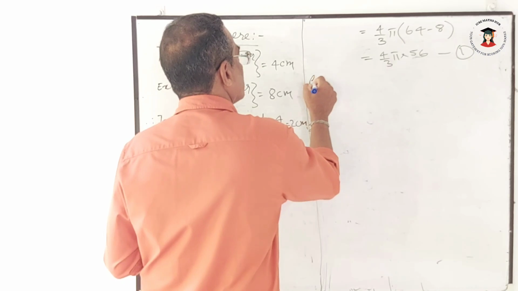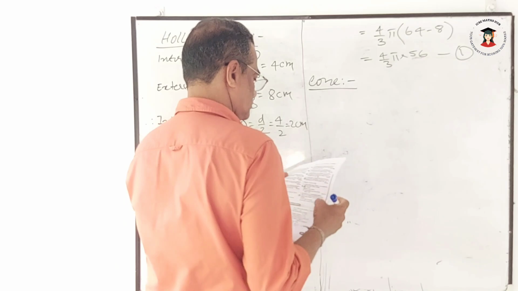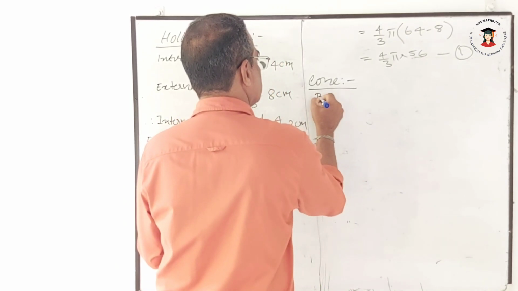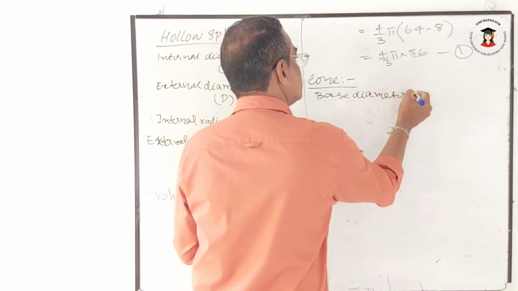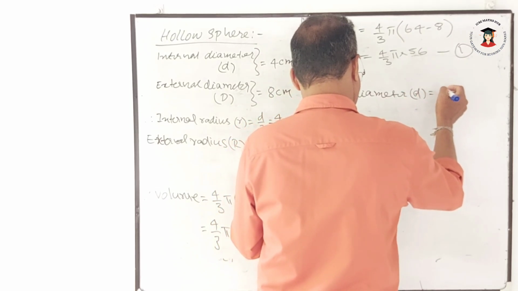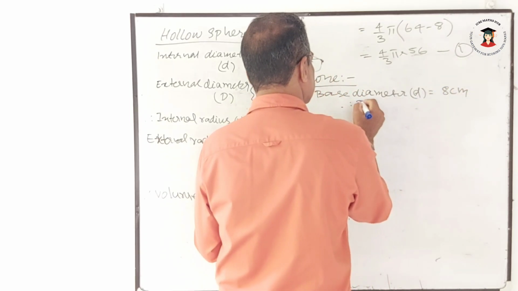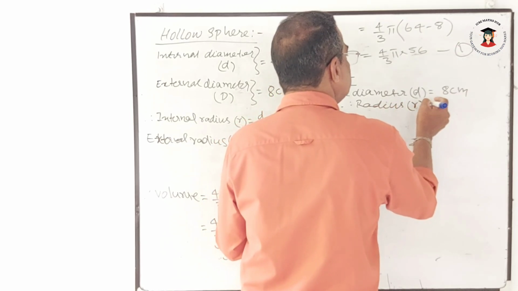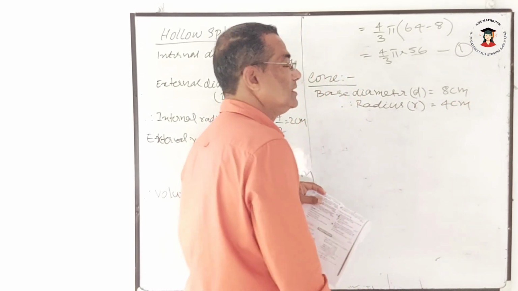Next is cone. Base diameter D equal to how much? 8 centimeter. Therefore, radius R equal to 4 centimeter, that is 8 by 2.